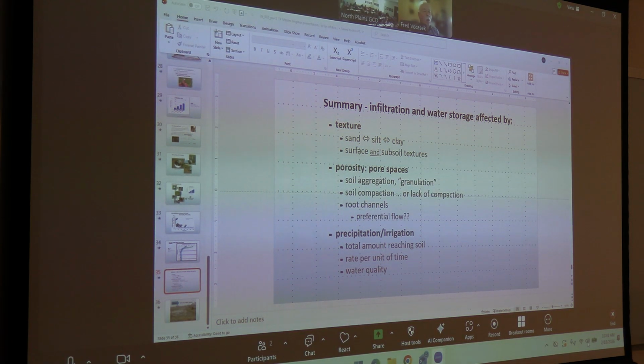When we talk about water quality, that's an important consideration, and it's becoming more and more of an issue as time goes on, as we've gone from 10 years of irrigation, 20, 30, 50, however many years of irrigation. One of the things we worry about a lot is irrigation volume.